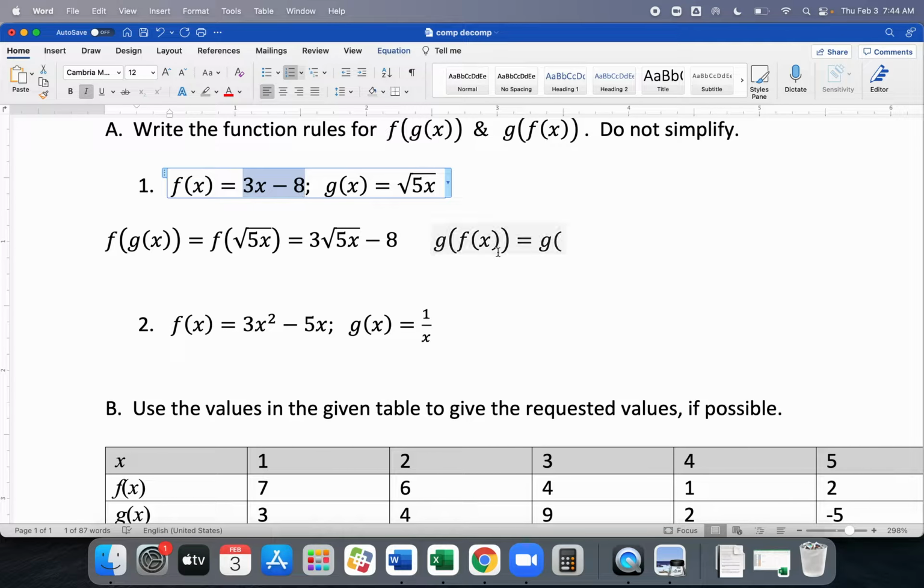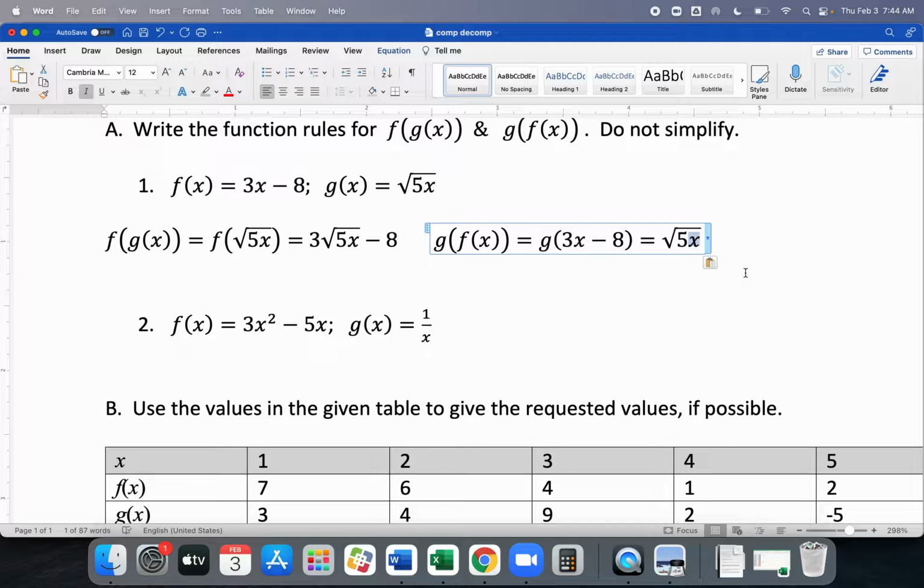If you want to think, okay, so g of f of x means g of 3x minus 8, meaning I'm plugging 3x minus 8 into function g, or I'm taking the result, whatever the value of 3x minus 8 is from something, and taking a square root of 5 times that. So in this case, instead of having square root of 5x, which is g of x, I'm going to replace this x with 3x minus 8.